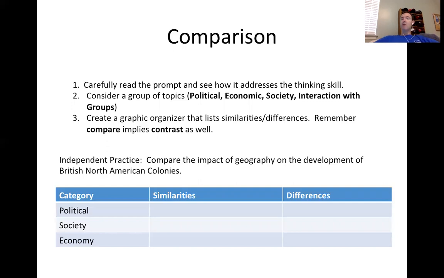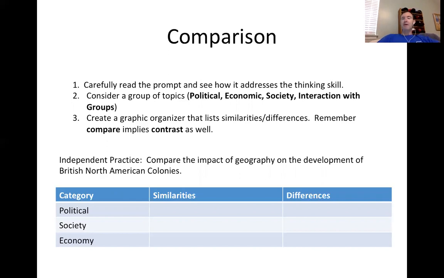So I want you to think, when we talk about British North American colonies, how can we categorize those colonies into groups, that would be northern colonies, middle colonies, and also southern colonies? And even take into consideration differences within the colonies in each one of those individual regions.